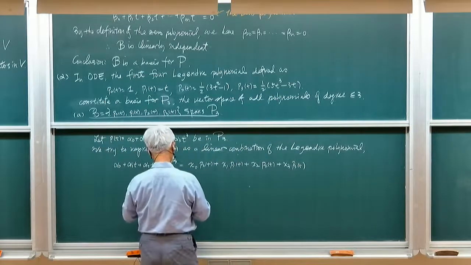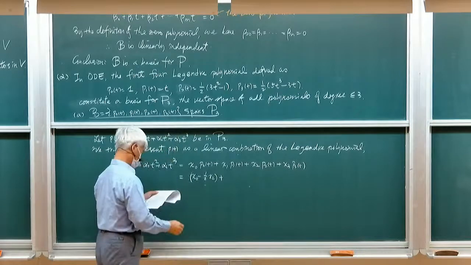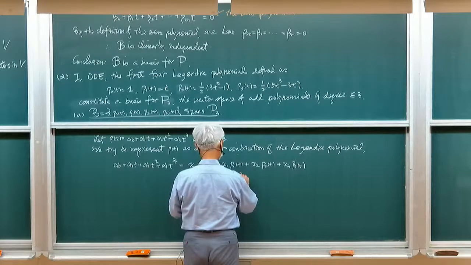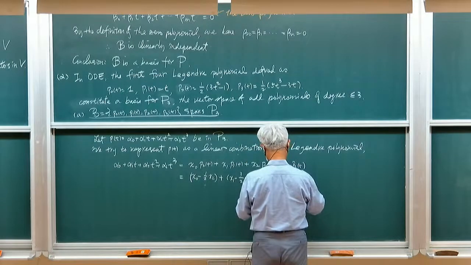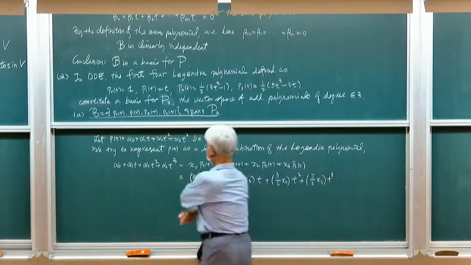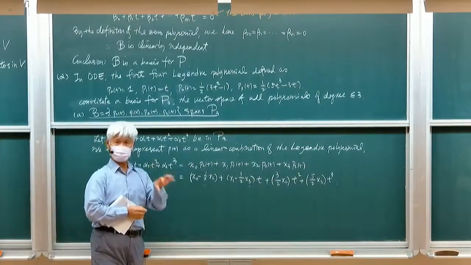Okay, so we find that we have x0 minus half x2, which is the constant coefficient, x1 minus 3/4 multiplied by x3 times t, plus ... okay, so now we combine like terms together.